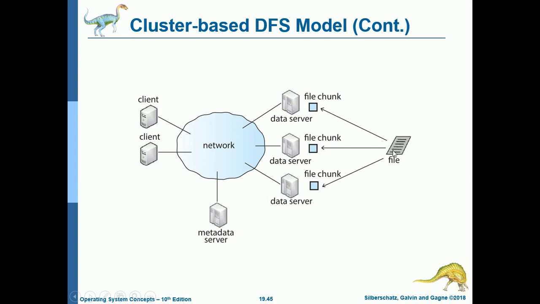For example, this file is divided into three chunks: the first chunk is on this data server, the second chunk is here, and the third chunk is on this data server. So the metadata server must have a list of which file chunk is where, the location of the data server holding that chunk. So that is the cluster-based DFS model.